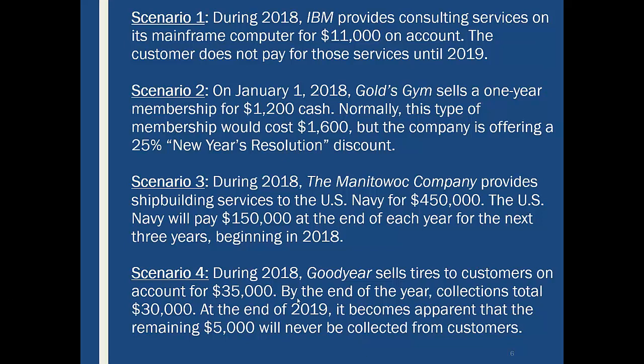So in this case, they sold the tires to the customer, so they performed the action. They either did the goods or the service or a combination of both for $35,000. So that's the revenue that gets earned, and then we'll deal with how to acknowledge the bad debt in some of the future slides here.